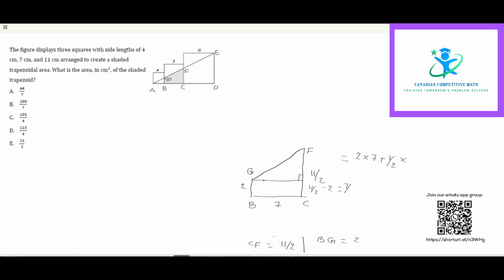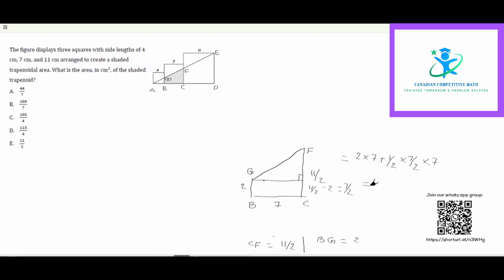So half times 7 by 2 times the height. The height is 7.